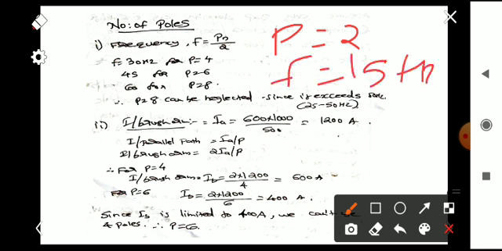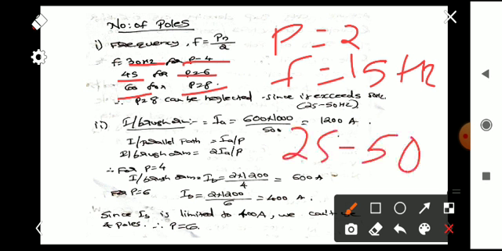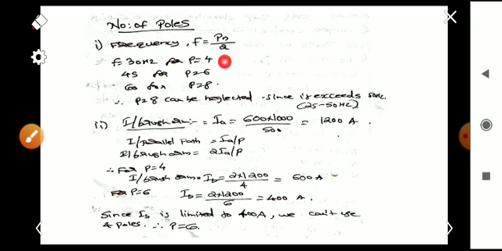It is not between 25 and 50, so we can eliminate that. If P is equal to 4, you will get 30 Hz. For P is equal to 6, we get 45, and P is equal to 8, we get 60. So between 25 and 50 we have two values, P is equal to 4 and P is equal to 6. Both are acceptable.